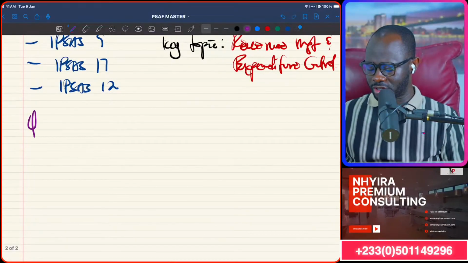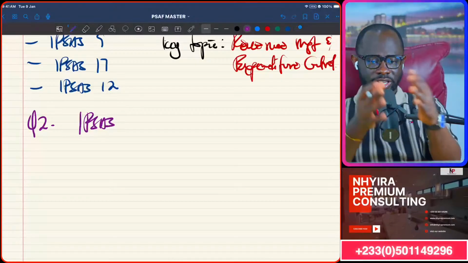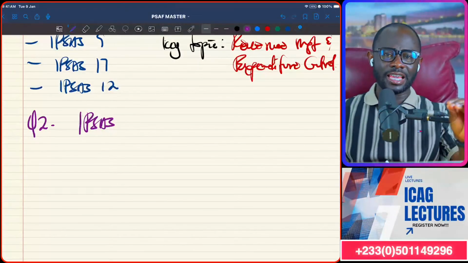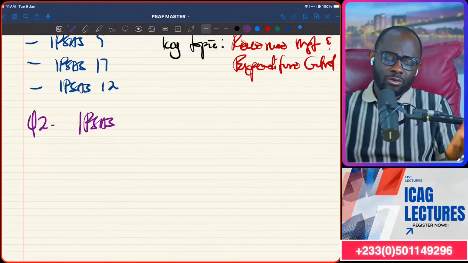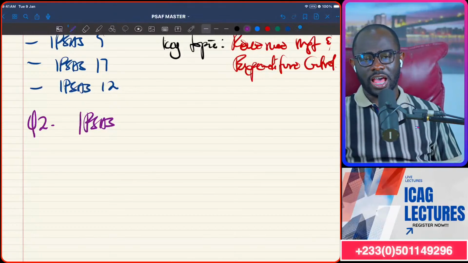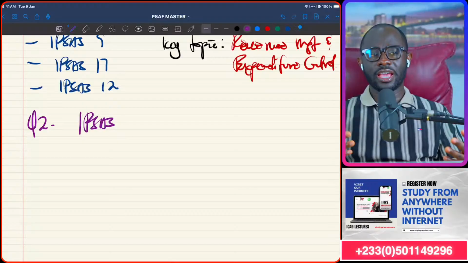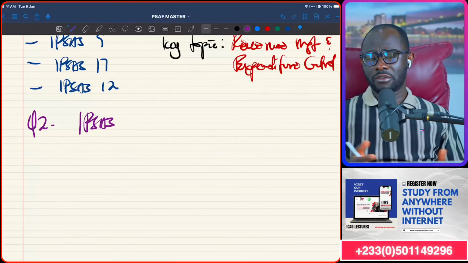Then certainly question two is going to be the IPSAS dedicated. So just like financial reporting, now in public sector, you're going to have a dedicated question on the International Public Sector Accounting Standards. And what we've seen the examiner doing over the last 3 examination dates in this new syllabus is bringing 2 or 3 IPSAS that you have to be mindful of.